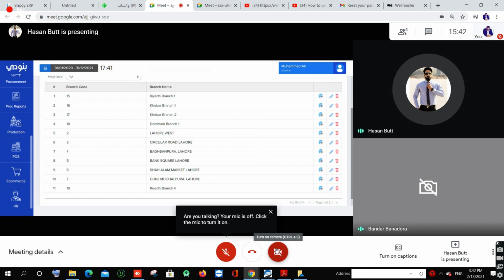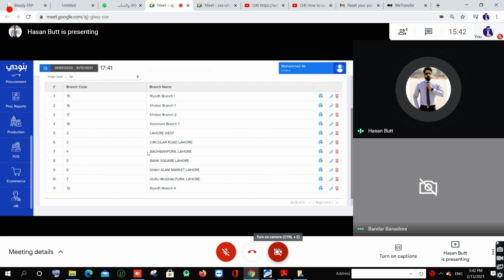Yes, but this is actually what we are dealing with here. It is the HR. It will be applicable to our Bnodi ERP as well, because it is added here in HR. This is all the finance portion of our Bnodi ERP. The others are the same, but we have added the HR. As you know, any company has a separate HR system, HR team, the management persons, the management team.